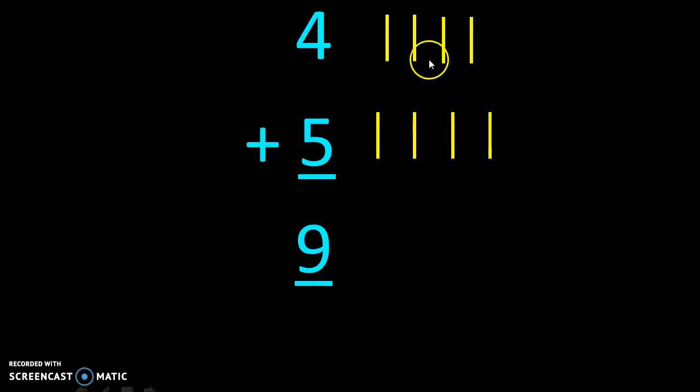Say 1, 2, 3, 4. After 4, I should start 5 here. I should not say again 1. After 4, 5, 6, 7, 8, 9. So I am getting 9 as the answer. Correct. I am getting it correct.